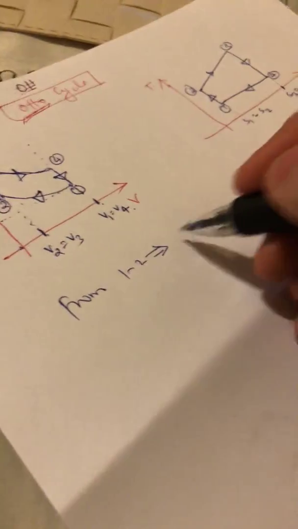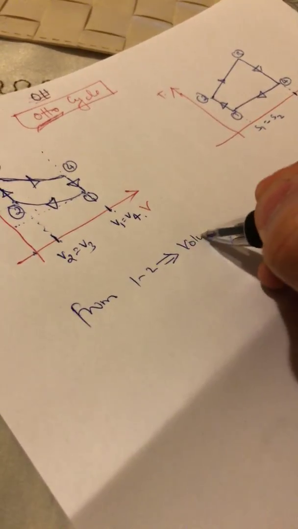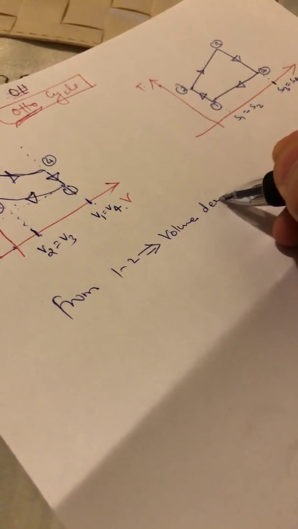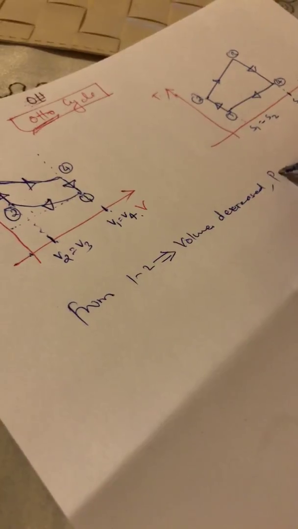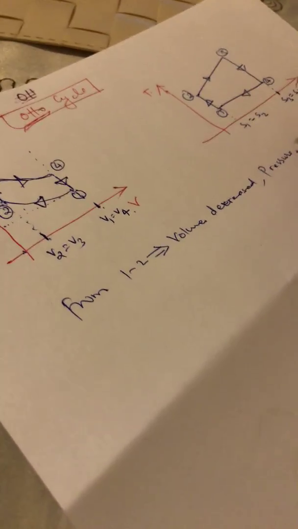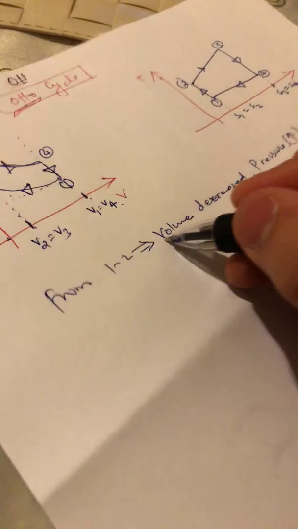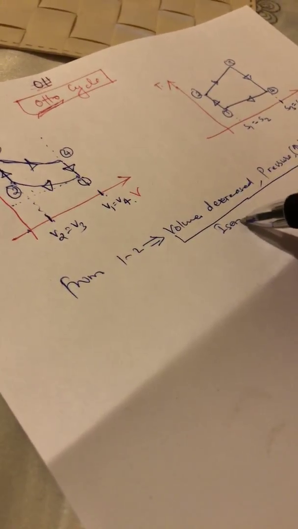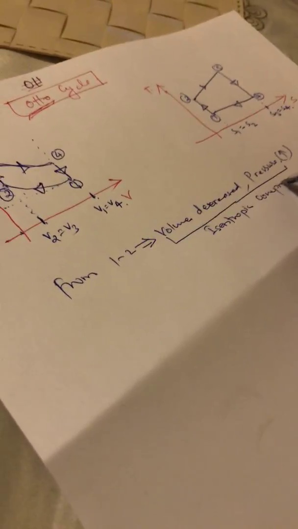So from position 1 to 2, volume is decreased but pressure is increased, right? In thermodynamic terms, we call this isentropic compression.